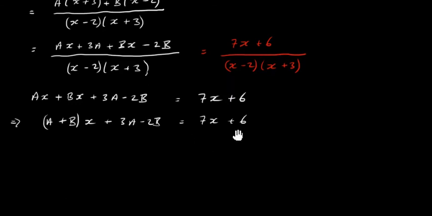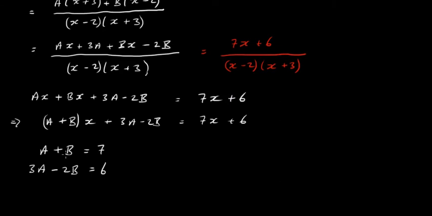I want a plus b to be equal to the 7, and I want 3a minus 2b to be equal to the 6.